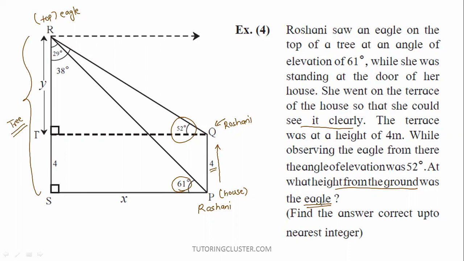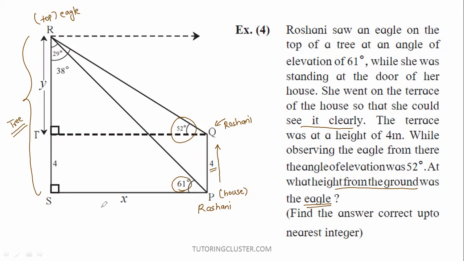So you are going to try this example. How? See, if the height of the building is 4, first you can draw one perpendicular line here like this. So this will be 4.